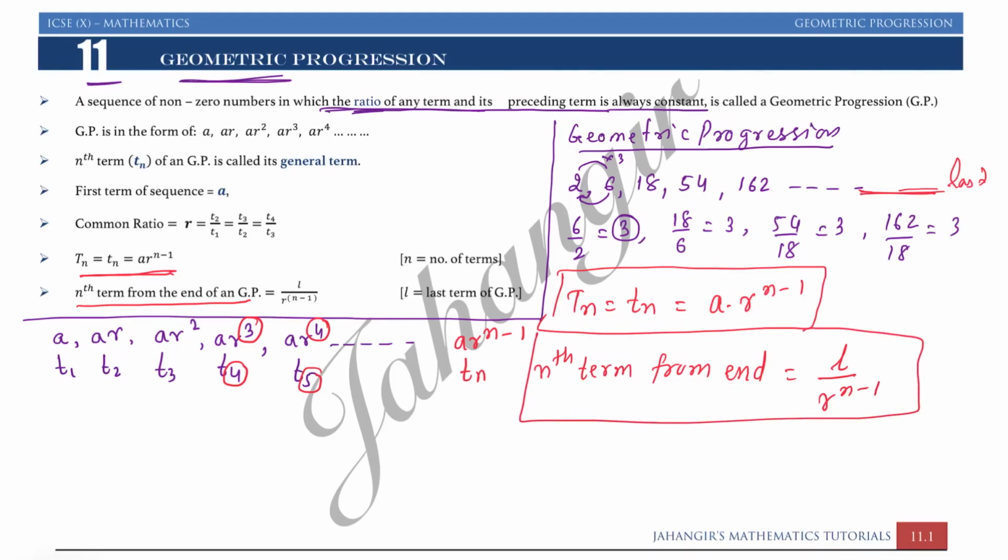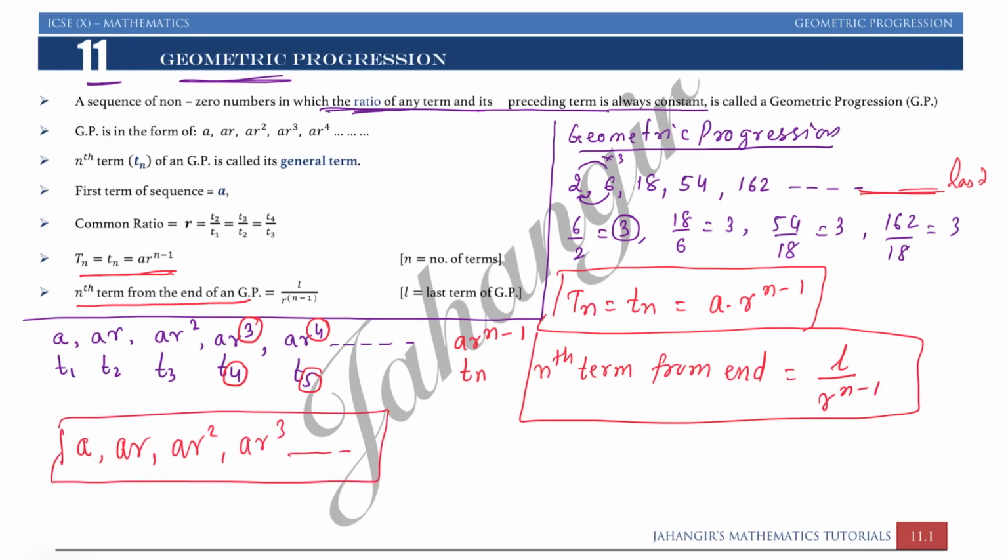So hope you understood that in geometric progression the ratio between the consecutive terms is always the same. This is the general form of geometric progression: a, ar, ar square, ar cube and so on, because after the first term we are just multiplying by the ratio r.